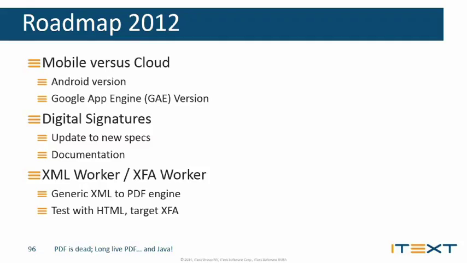We have a C# port for iText. So the step to make an Android version was very small. We have some demos at our booth of iText running on Android. But once we had an Android version, it was also very easy to create a Google App Engine version, because there's not that much difference. There are only a couple of rules that you have to follow about the file system.